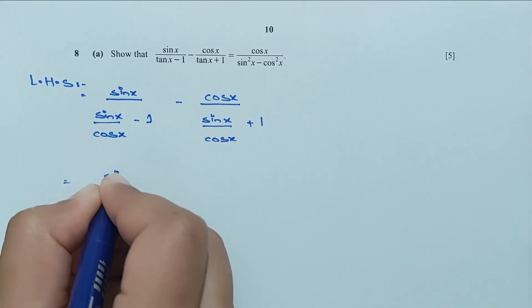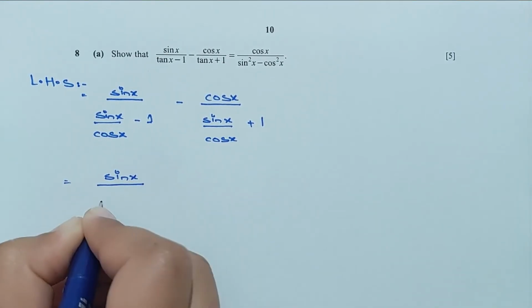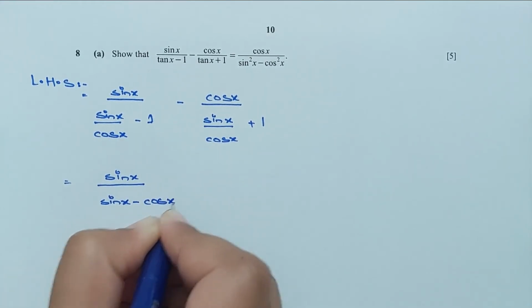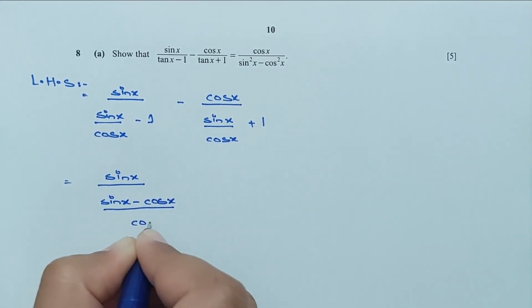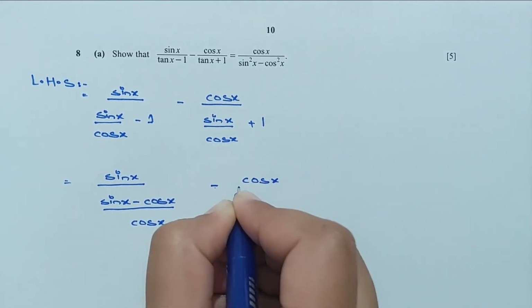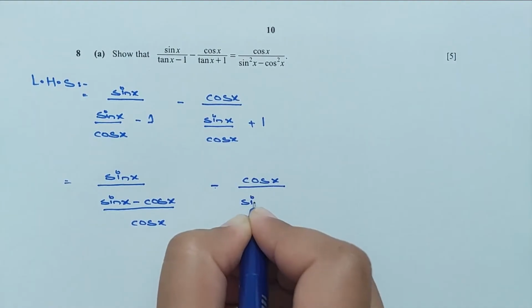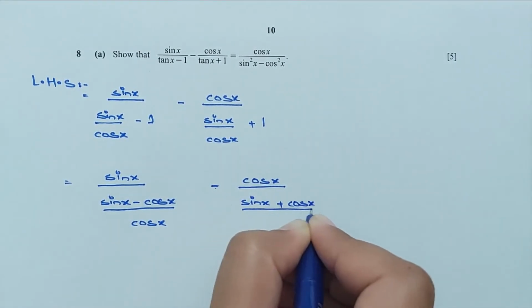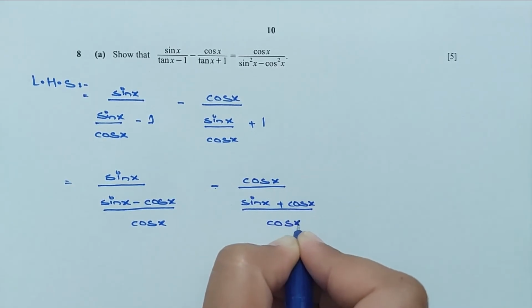So here we have sine x over sine x minus cos x over cos x, minus cos x over sine x plus cos x over cos x, right?